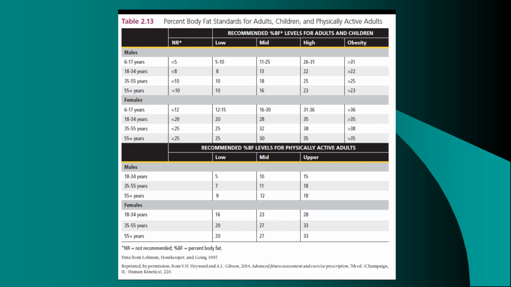If you lose muscle, the composition shifts, and you have a greater amount of body fat as a result of the loss of lean muscle mass with aging. So those are the distinctions to remember between the genders and the ages.